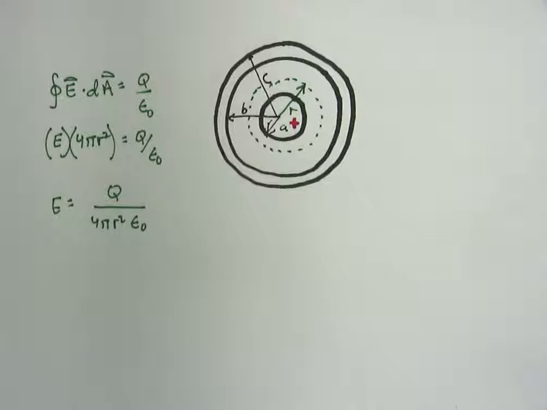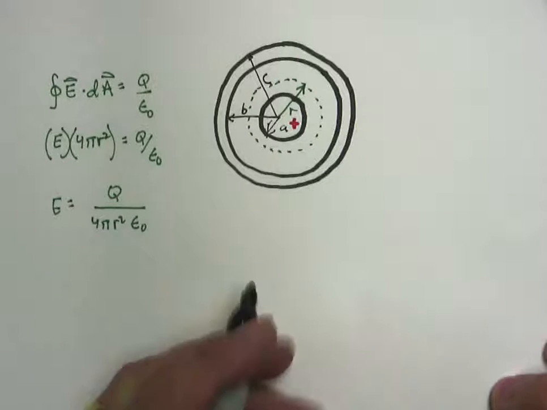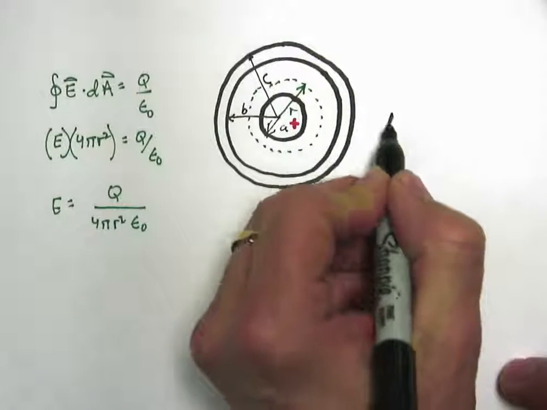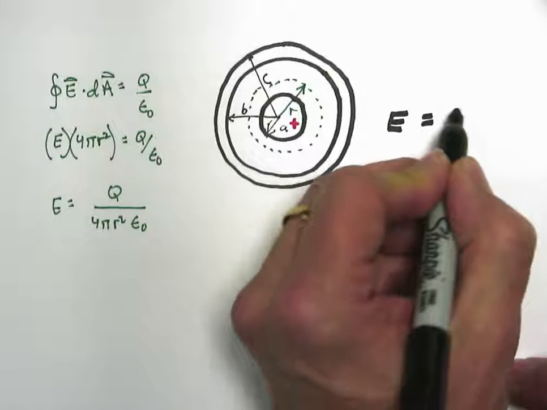So here we go. We're going to answer the question about the electrical potential. And we have our go-to on the equation sheet. You are given this.